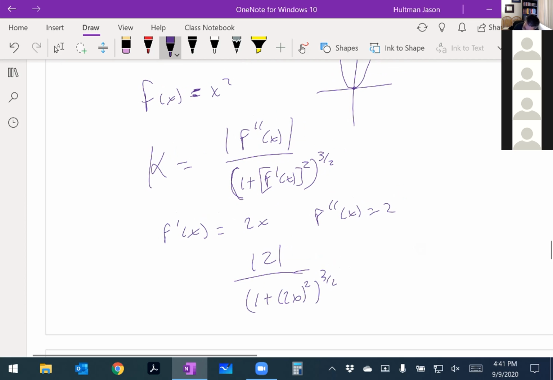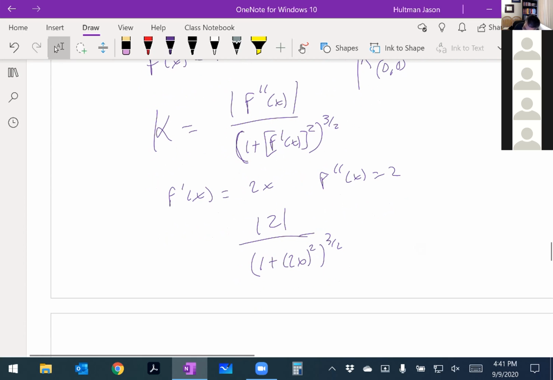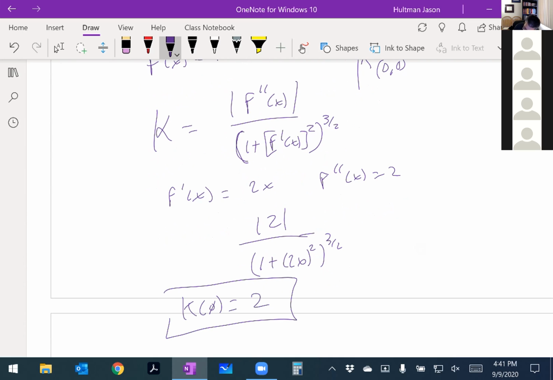But once again, we're evaluating when x is equal to 0. We want to know at 0, 0, right? So we can plug in 0 here, and we get 2 again. Kappa of 0 is equal to 2. So the curvature of that is also 2. So this is kappa of x equals that.